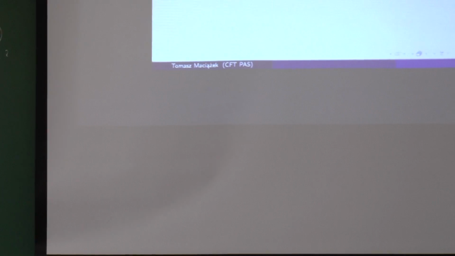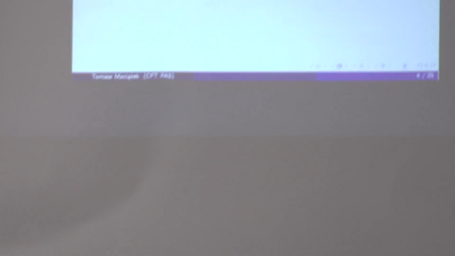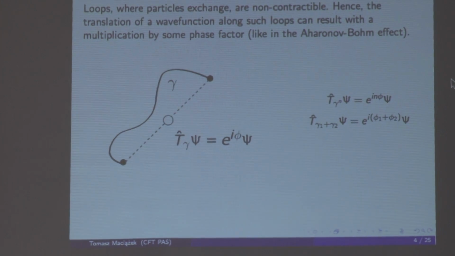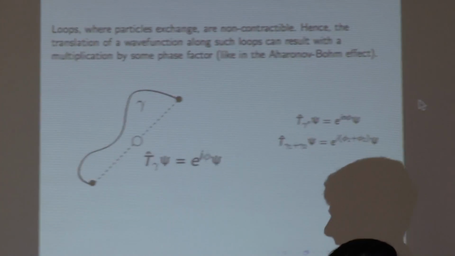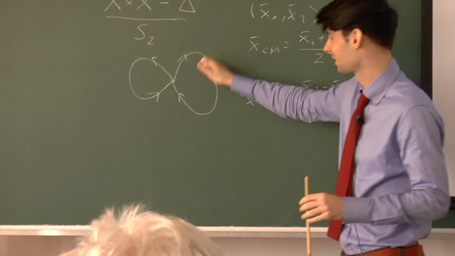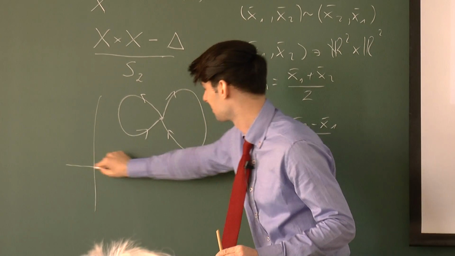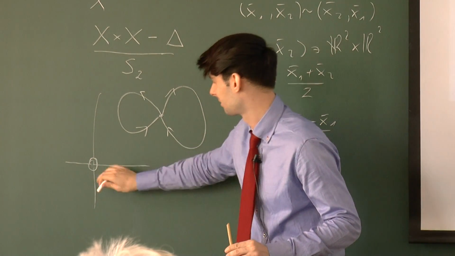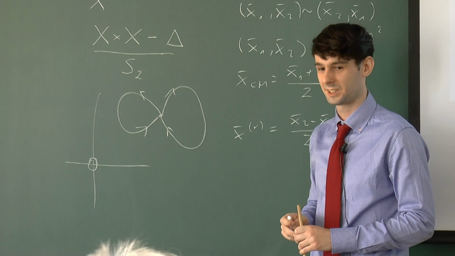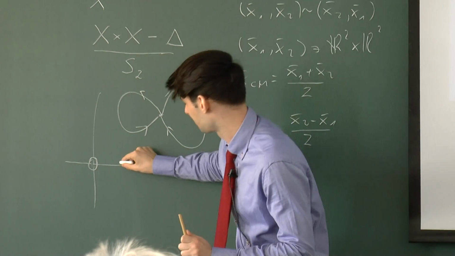But if this center point is excluded, then you cannot have this picture because this point does not exist. But suppose it is a good point. It's just one point in this space, not a singular point. It's away from zero.